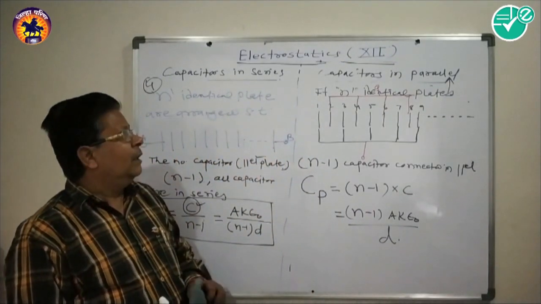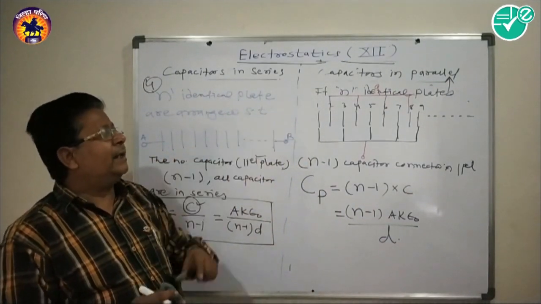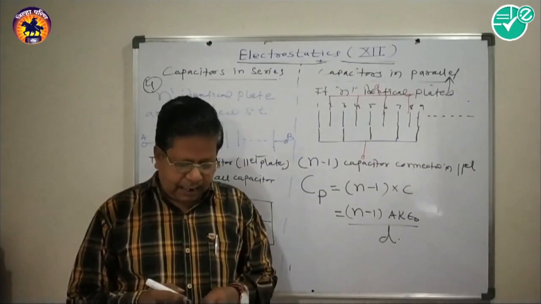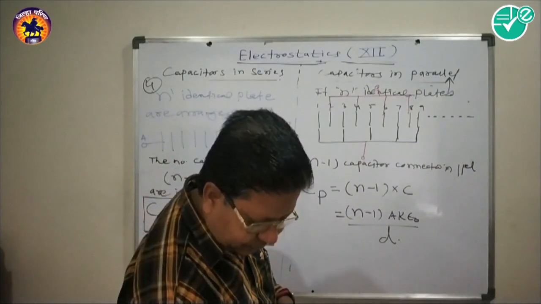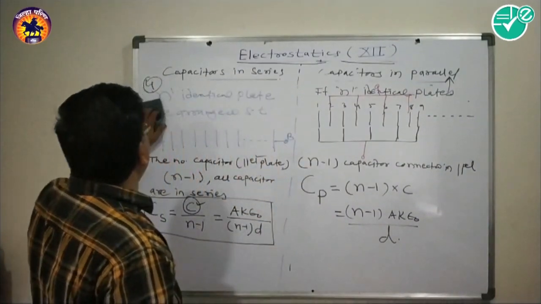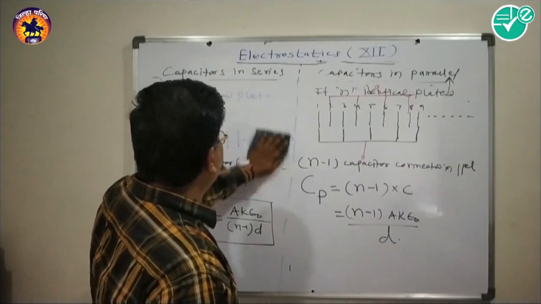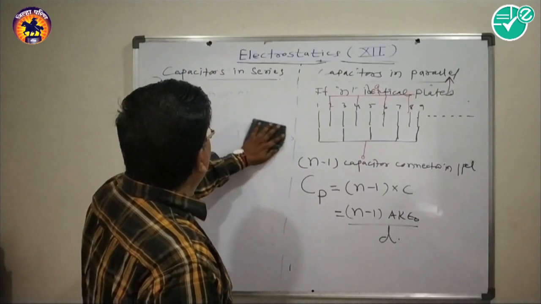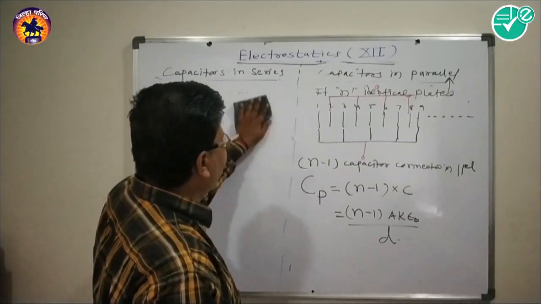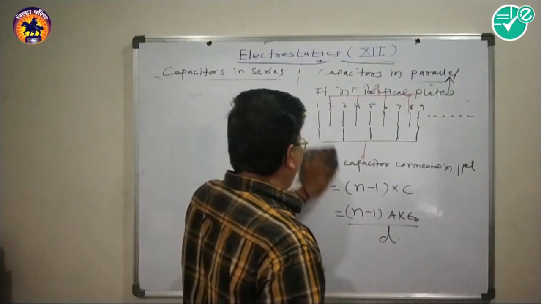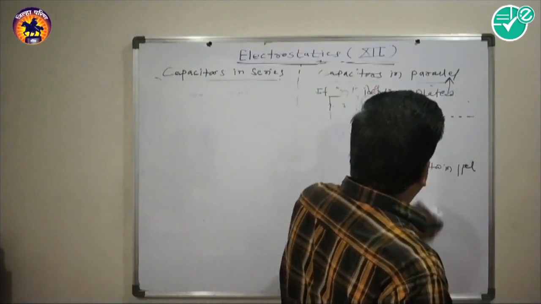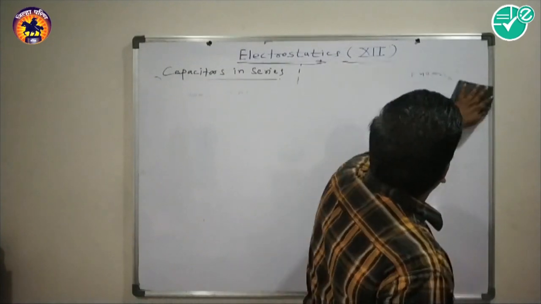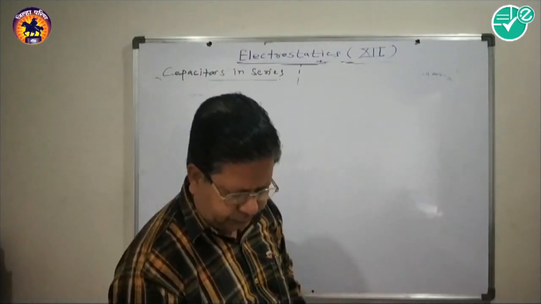So when n identical plates are taken and odd number of plates are connected together, even number of plates are connected together, then we get n minus 1 capacitors connected in parallel, and in that case we have found the expression for equivalent capacitance in parallel combination.